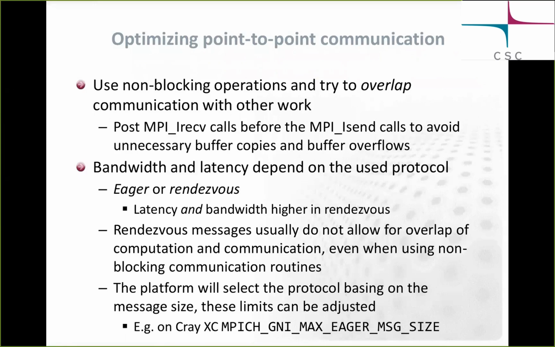So if you want to overlap big messages, you have to increase the threshold where the protocol change takes place. On XC, it's done via an environment variable, the Gemini max eager message size. So again, man MPI to see what can be changed.